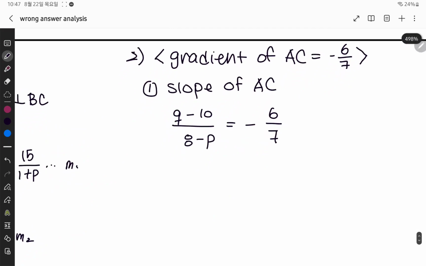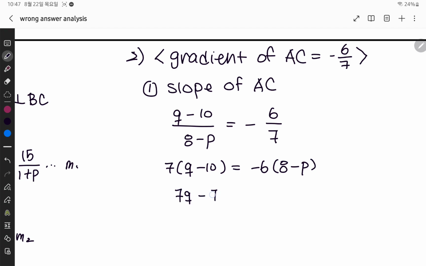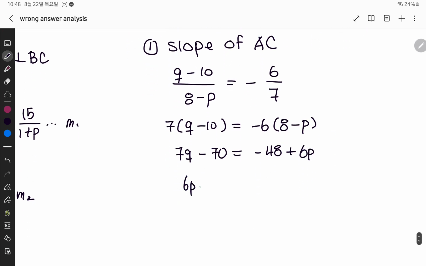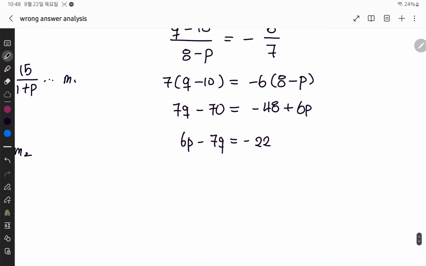So what I'm going to get is 7 times Q minus 10 equals minus 6 times 8 minus P. And I'm going to get 7Q minus 70 equals minus 48 plus 6P, which leads me to 6P minus 7Q equals minus 22. So that's my second equation.